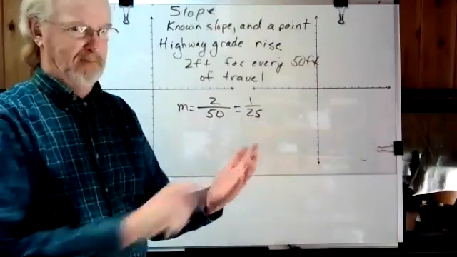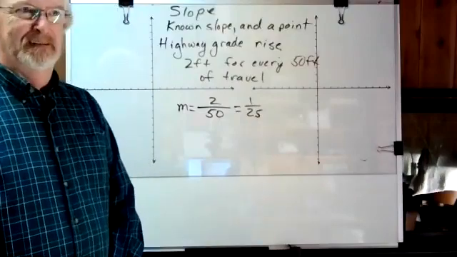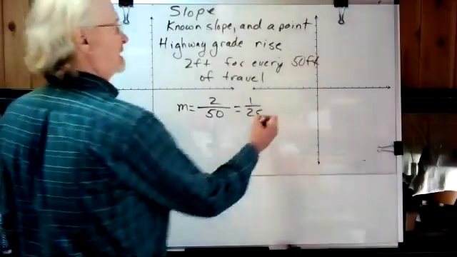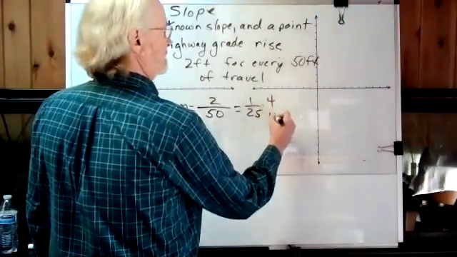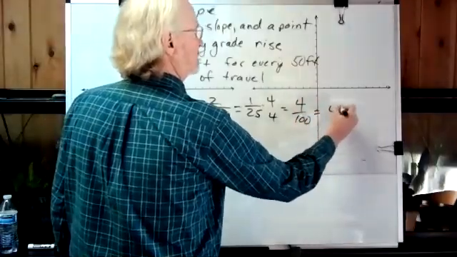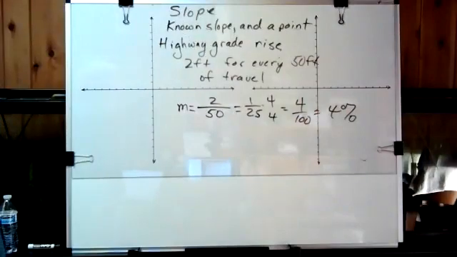You can do it this way. What's sort of the definition of percent? Divided by 100. I could change that to 100 pretty easily. Could you get there? 4% slope.